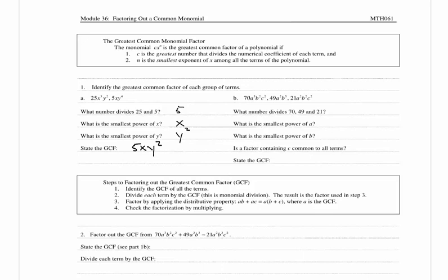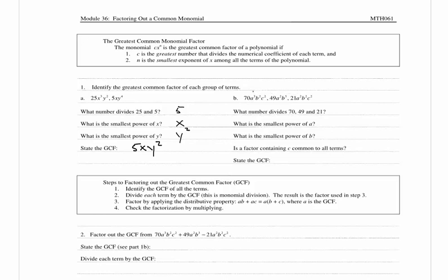In B, we have three terms, 70a cubed b squared c squared, 49a squared b cubed, and 21a squared b squared c squared. And we need a number that divides into 70, 49, and 21.